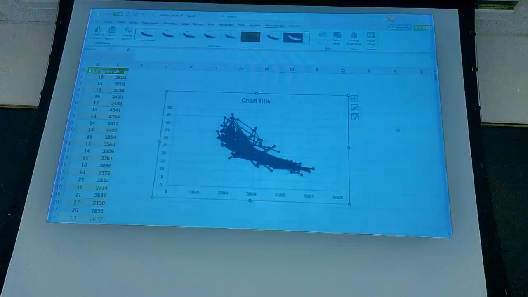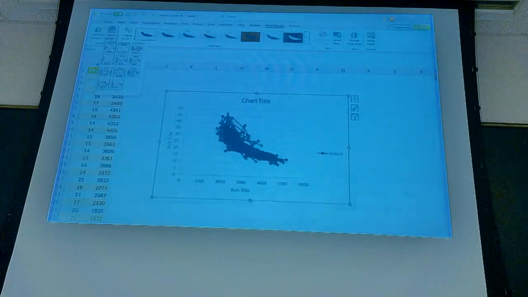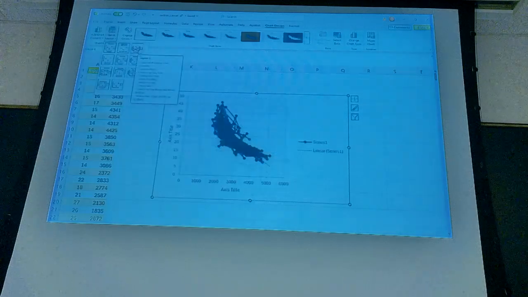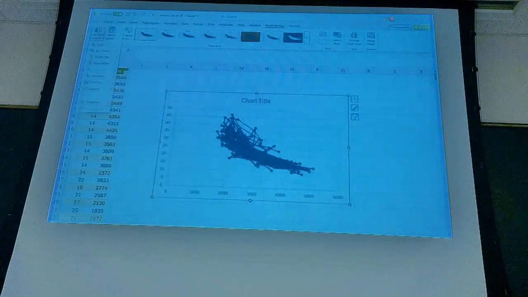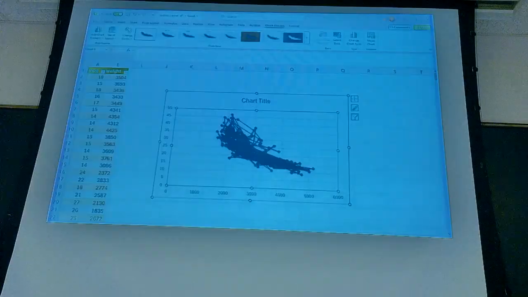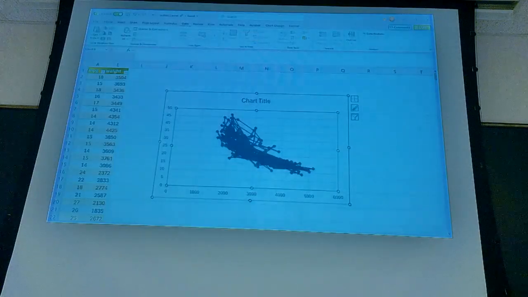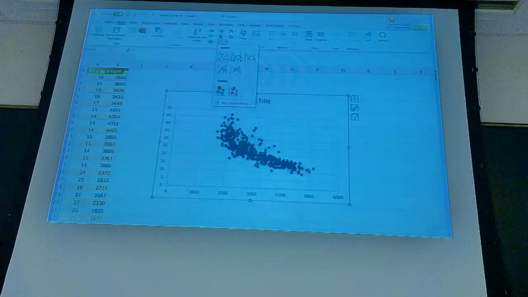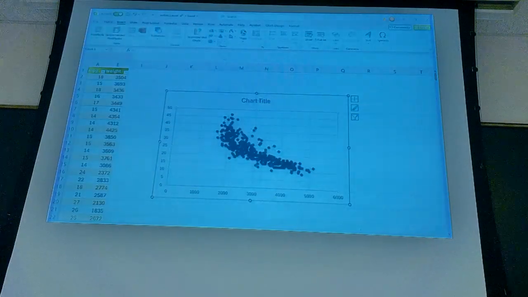And why is everything connected with lines? Layout. Don't want lines. Those are all dots. You have to use the right chart, right? No, I didn't, apparently. Now it's the right chart. Okay, that was somewhat better.